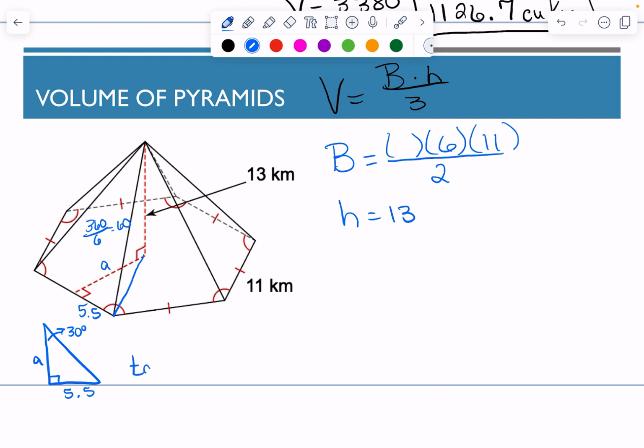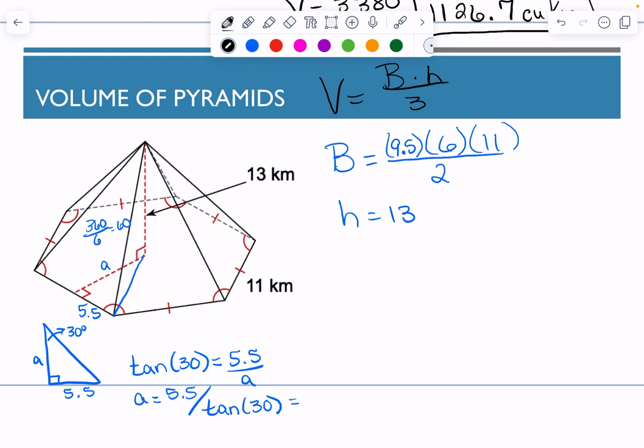So the tangent of 30 degrees is equal to 5.5 divided by A. This is the point where we multiply by A and then divide by the tangent. So my apothem is equal to 5.5 divided by the tangent of 30, and that's going to equal 9.52. So I'm going to leave it 9.5.